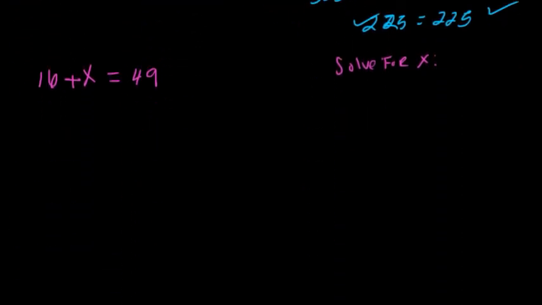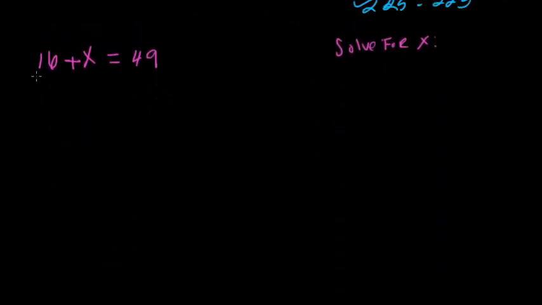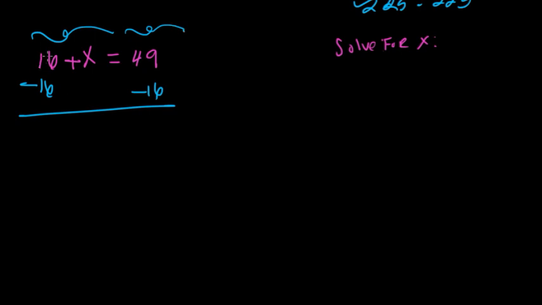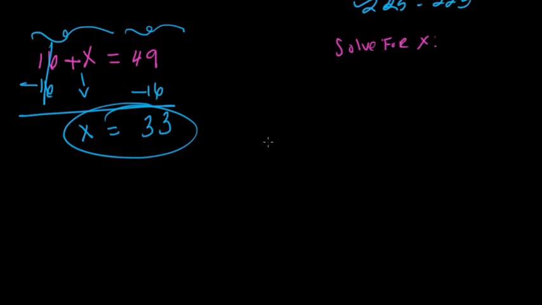Since 16 is positive, we're going to subtract 16 from both sides. 16 minus 16 gives me 0, so those cancel. Then I bring this x down and I'm left with x is equal to 49 minus 16, which is 33. x is equal to 33.